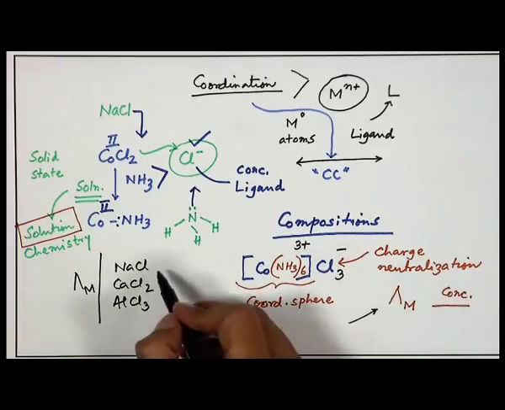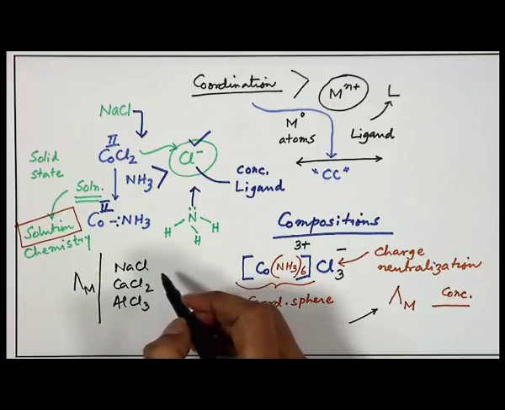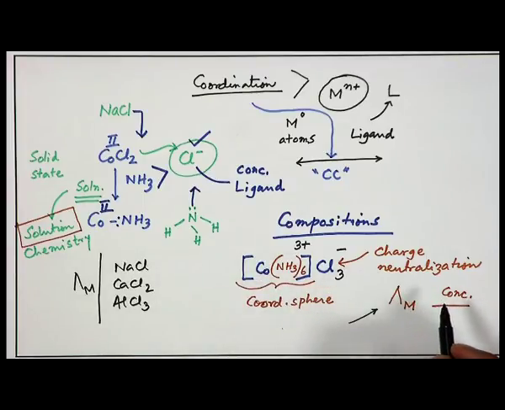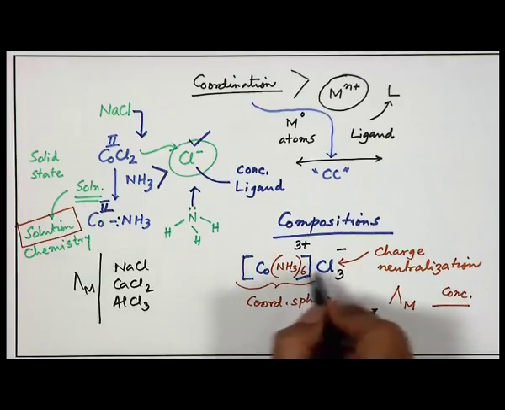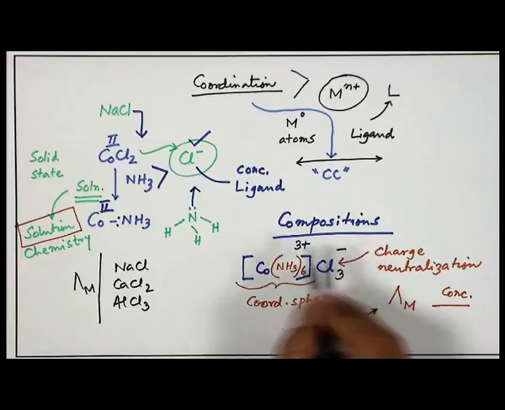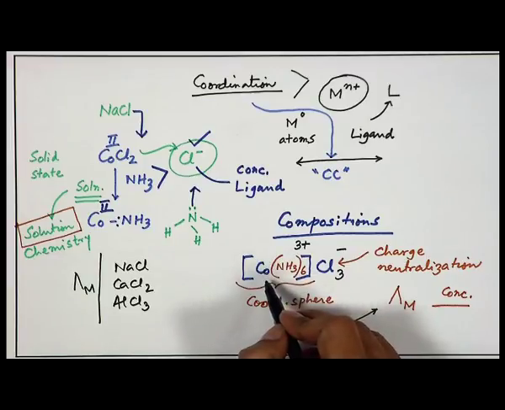Lambda m values tell us the species which are available, the ions which are available to carry the electrical charge from one electrode to the other. That will give some idea of how many of those charge carriers are available, and that will immediately distinguish whether your chloride is outside the coordination sphere or inside the coordination sphere.